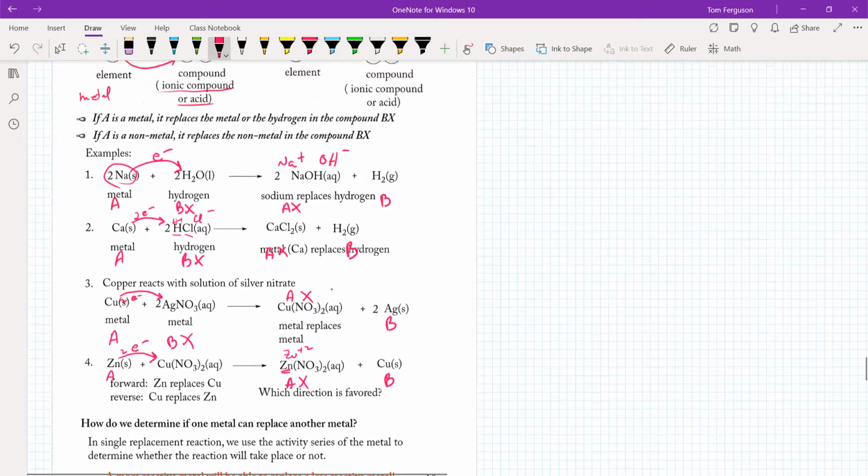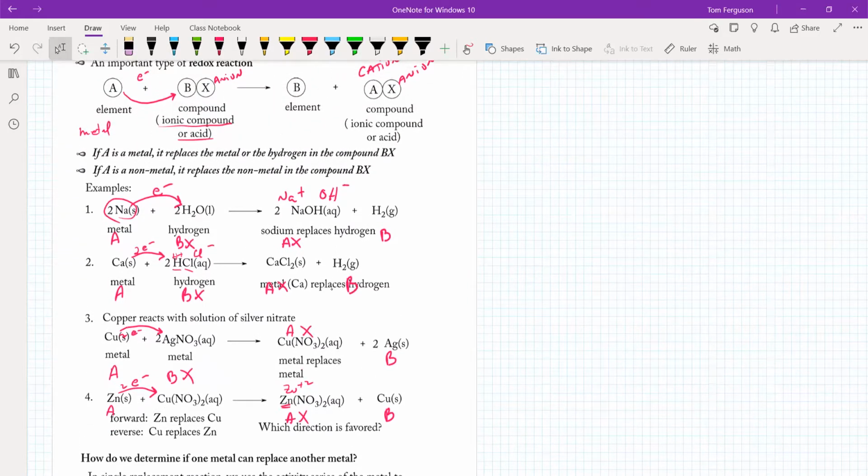Okay, so let's look at the chemistry here. So we have sodium metal, loses an electron and forms an A+1. In this case, it loses 1 electron.